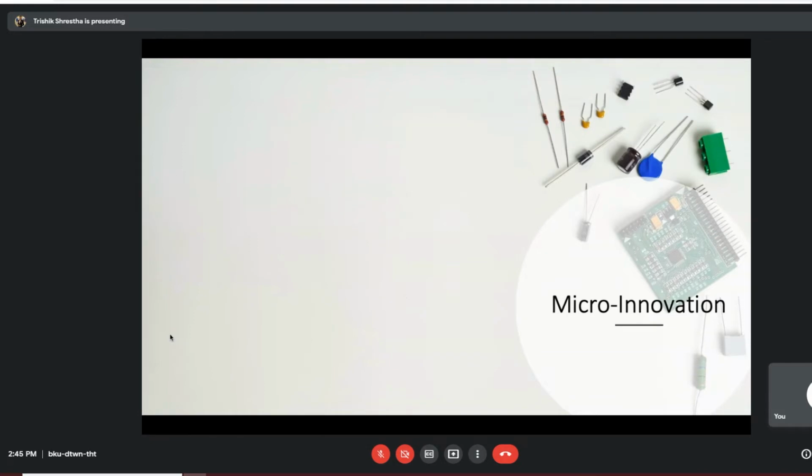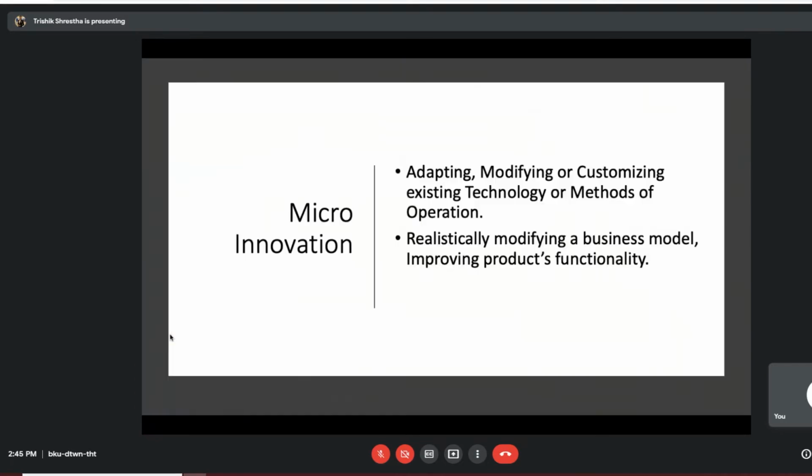So now let's start our discussion on micro innovation. There's a difference, as I said, between innovation and micro innovation. So we understand that when someone brings up this word called innovation, the thing that comes to mind is revolutionary products, introducing robots in our manufacturing plants, and completely different versions of our phones.